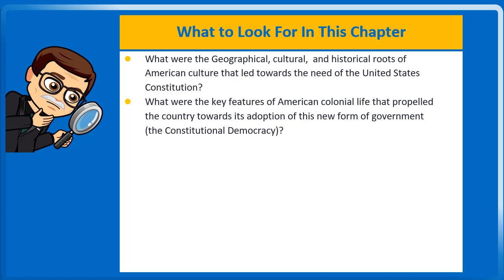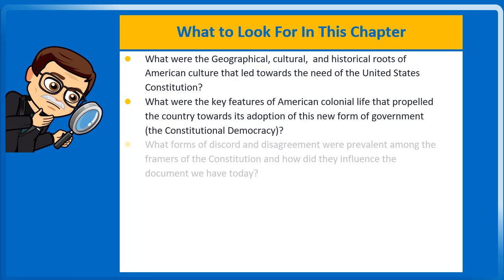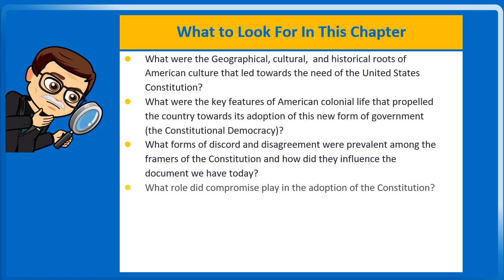Second, what were the key features of American colonial life that propelled the country towards the adoption of this new form of government that we know as a constitutional democracy or a constitutional republic? Third, what were the forms of discord and disagreement that were prevalent among the framers of the Constitution, and how did they influence the document we have today?